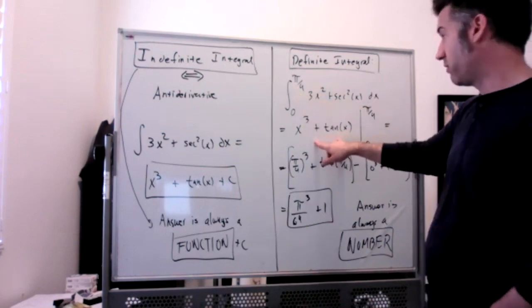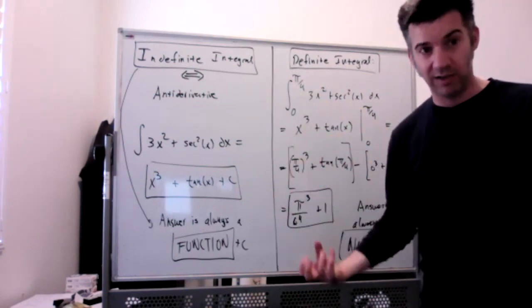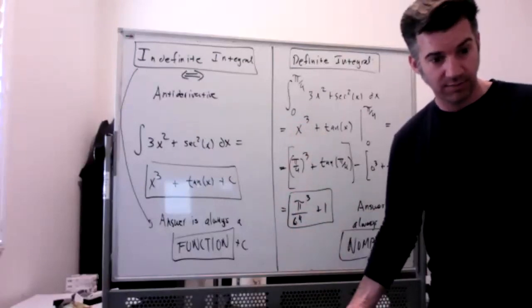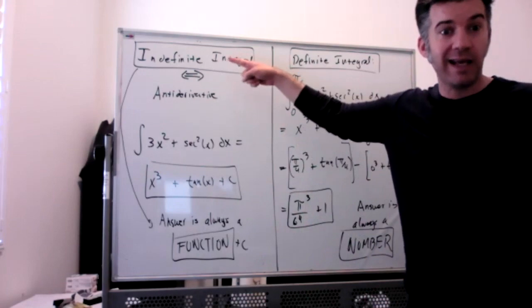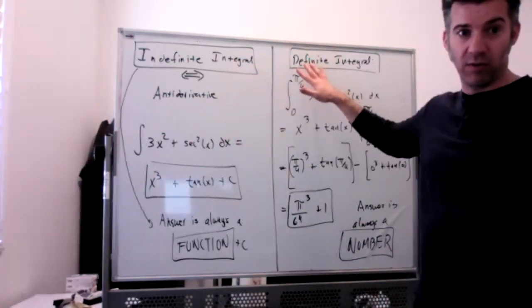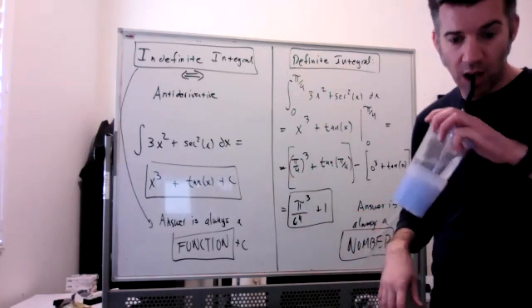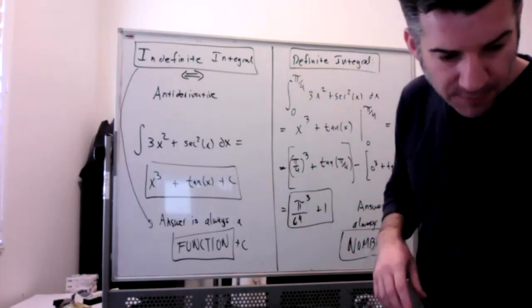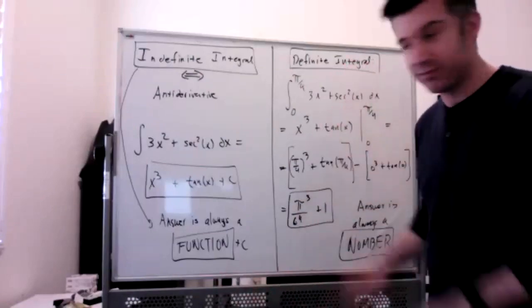You do the antiderivative, plug in your limits of integration, and get some numerical answer, which is how much area there is. That's the difference between an indefinite integral, aka an antiderivative, and a definite integral, aka an area under a curve. I don't remember who asked that question, but hopefully that helps.